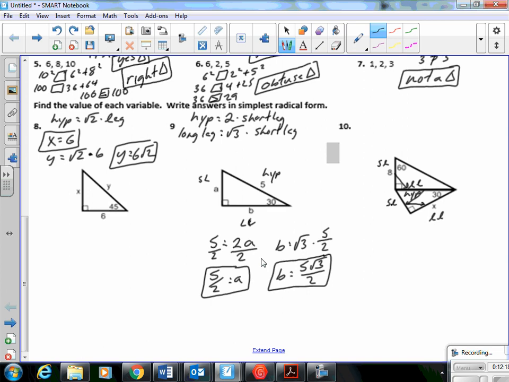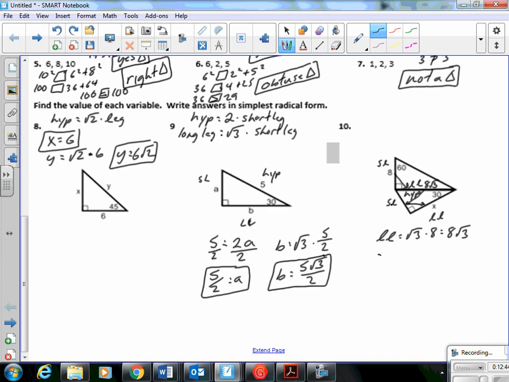So starting with 8 as a short leg, going to the long leg. So the long leg is equal to the square root of 3 times the short leg, which is 8. So we get 8 square roots of 3. And now we look at that as the hypotenuse of the bottom triangle. And the hypotenuse is 2 times the short leg.